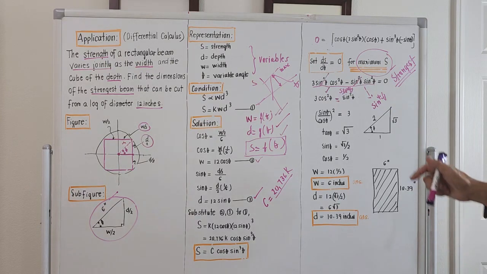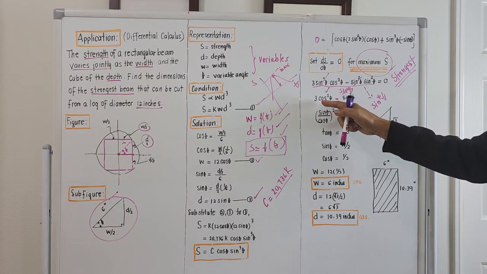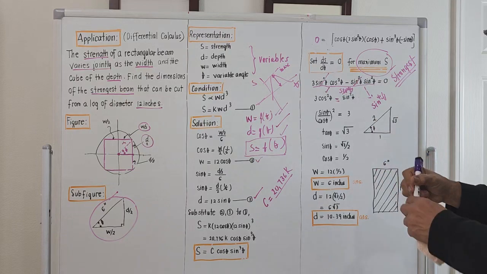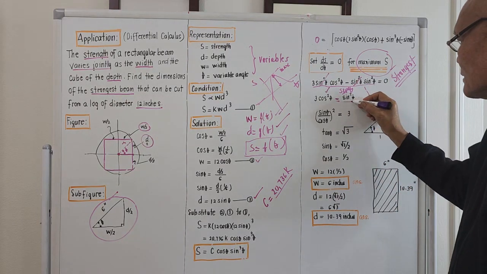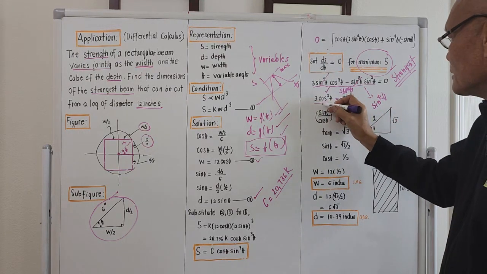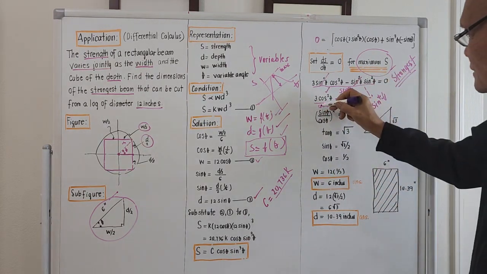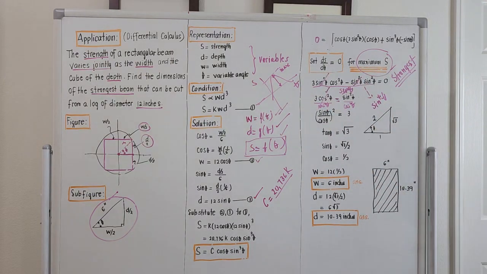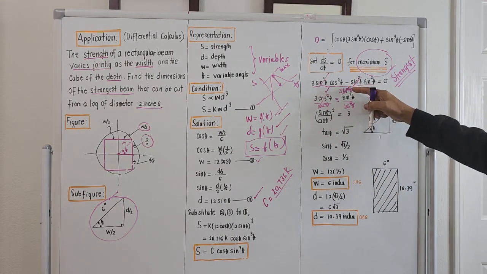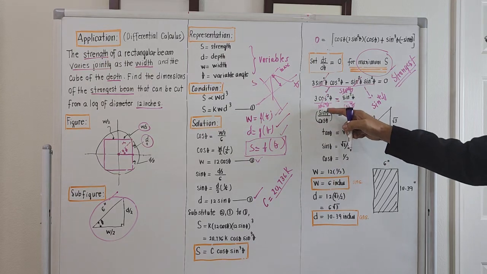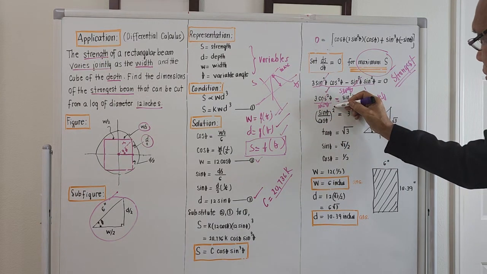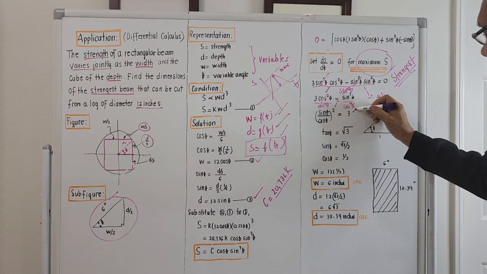Okay. Then we divide both sides of the equation by cosine square of theta. This cancels. Second power, so it will be sine of theta over cosine of theta, all quantity squared, equal to 3.